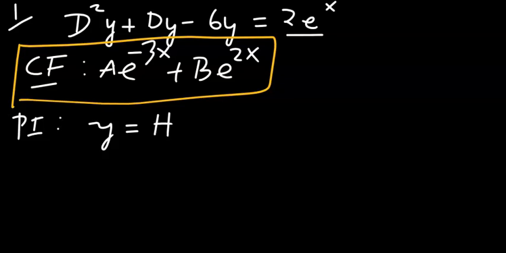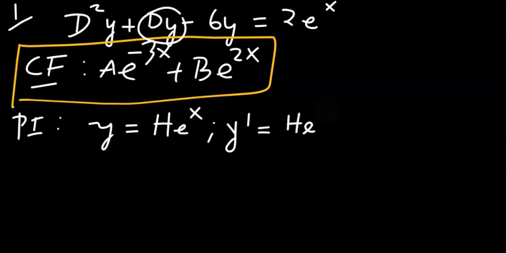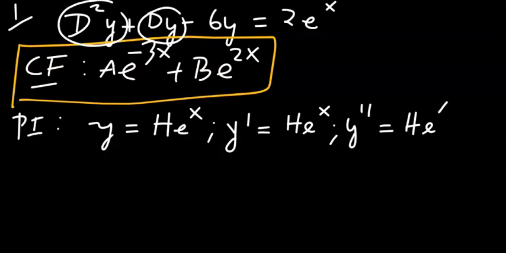So we shall assume the particular integral y equals a constant h times e to the power x. So the first derivative, y prime, or dy, is just h e^x as well. And the second derivative, which is d2y, is also h e^x.